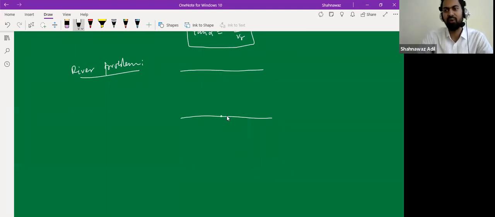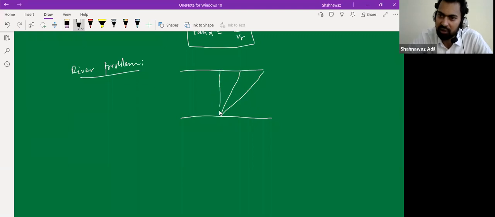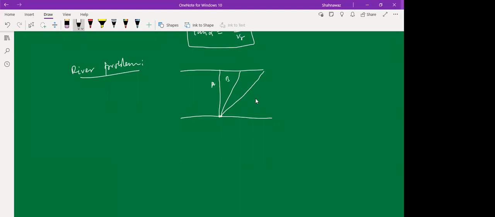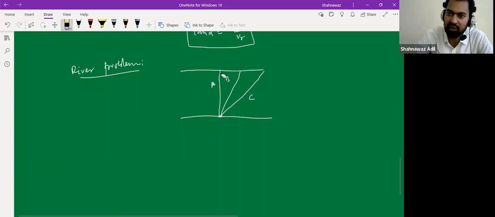If he wants to travel in the shortest path, what will be the shortest path from this to this point? Is it this one, this one, this one? There's the straight line one, right? So this one, A1.